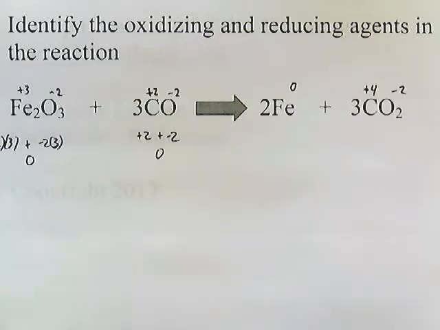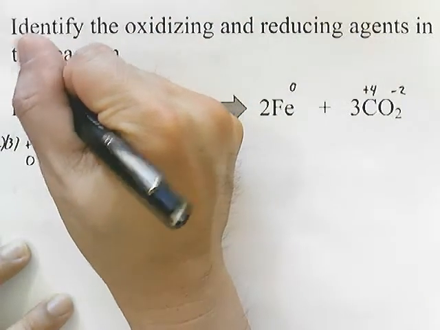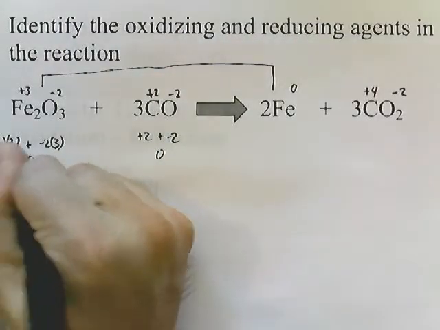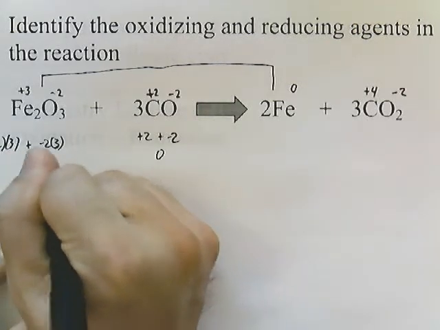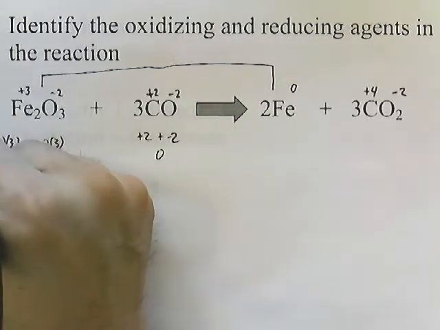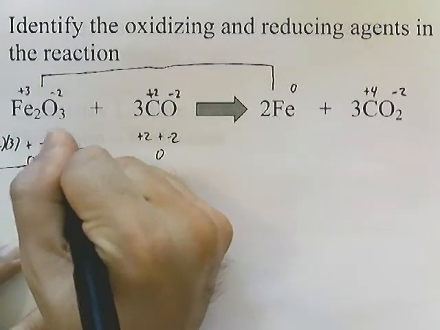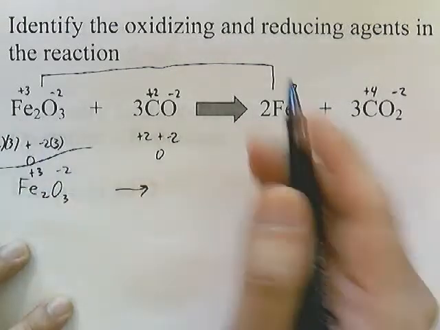Now, I want you to notice something. If we pay attention to what happens to the iron, here to here, Fe2O3, +3, -2, and it becomes, so this turns into that basically.